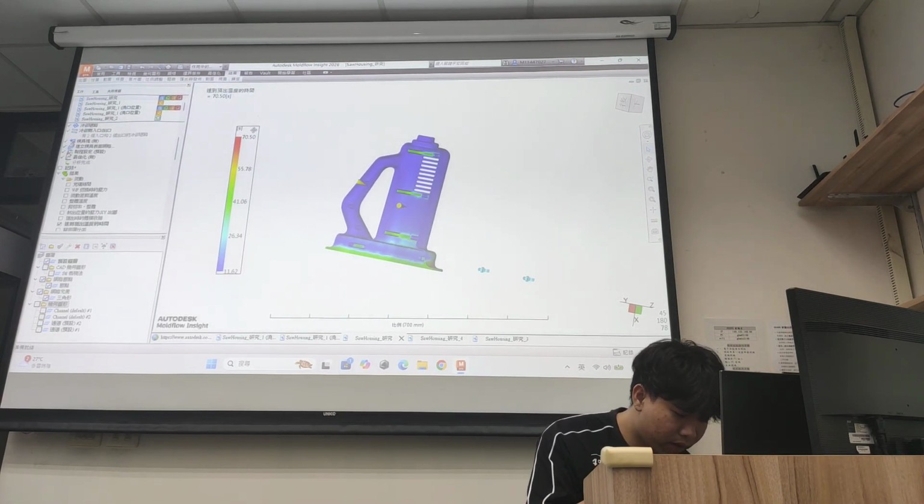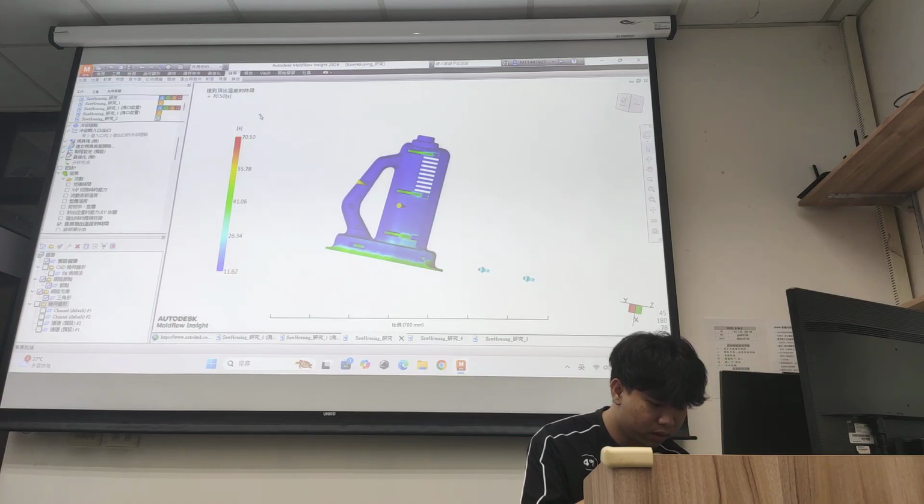Here we have the time to reach ejection temperature. The maximum recorded is 70.5 seconds as expected.